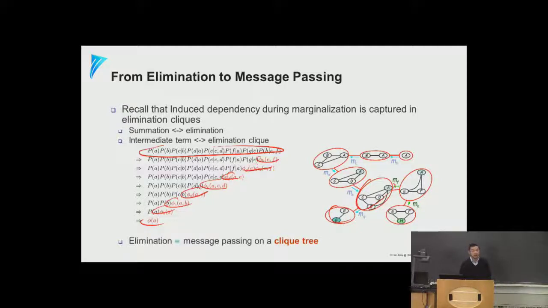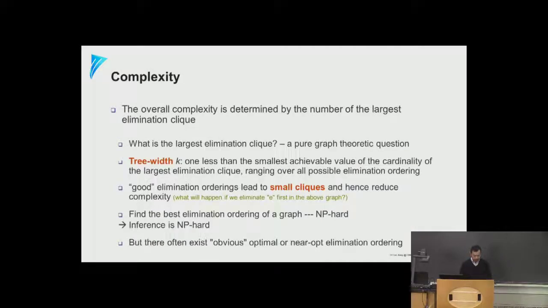Therefore, the size of the clique corresponds to basically the bottleneck of the inference algorithm, and we call it the tree width. Right? So these are some reviews. And also, we mentioned that if you find a good way of elimination, then that sometimes can reduce the size of the maximum elimination clique. But if you do a bad ordering, you can sometimes get into a very big clique.